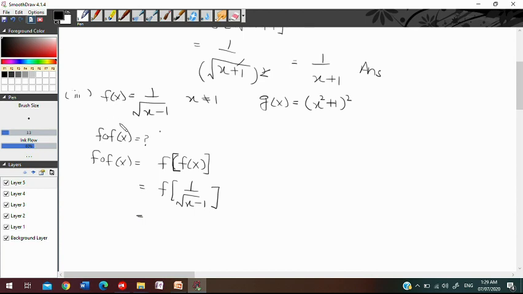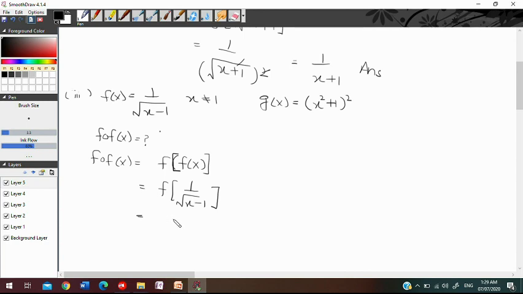This f also converts the substituted value. When we substitute this value in this f, it will also convert it into 1 divided by under root x minus 1. So what do we write here?